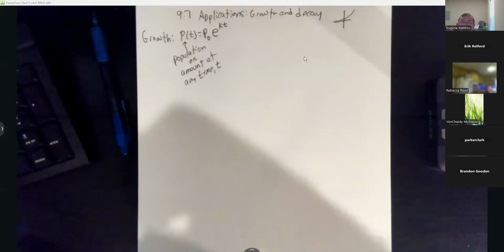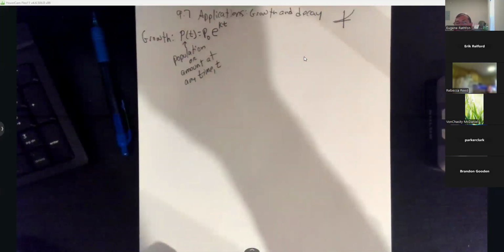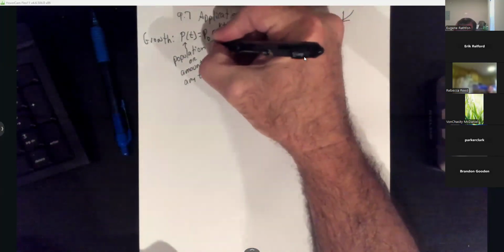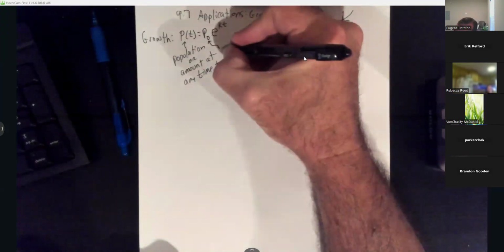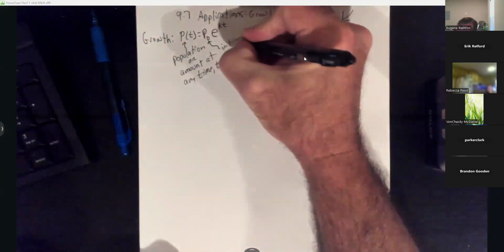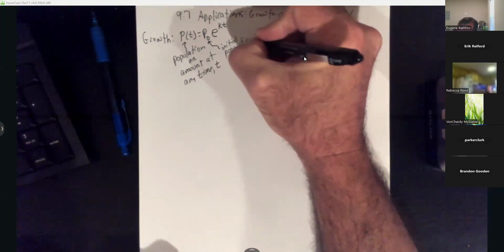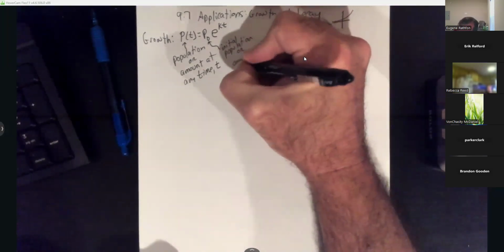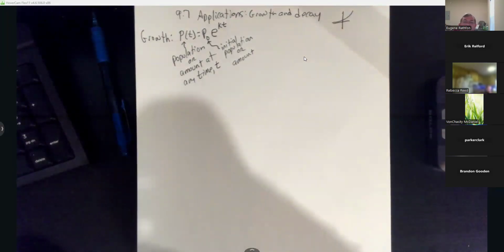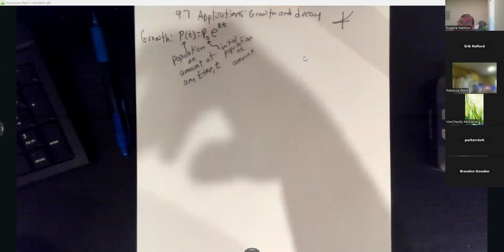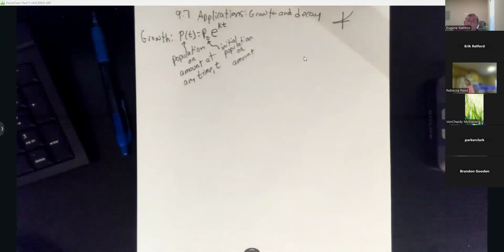So if I want to look at how many years, that's what the T stands for, time. Okay. So P of O, like I said, is the initial population or amount. So if I was doing an investment and I wanted to invest 5,000, that would be like my starting amount.